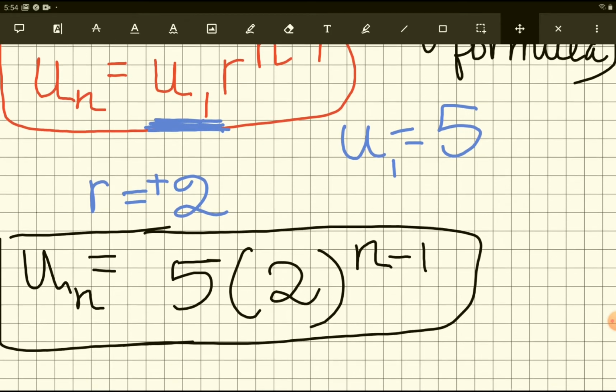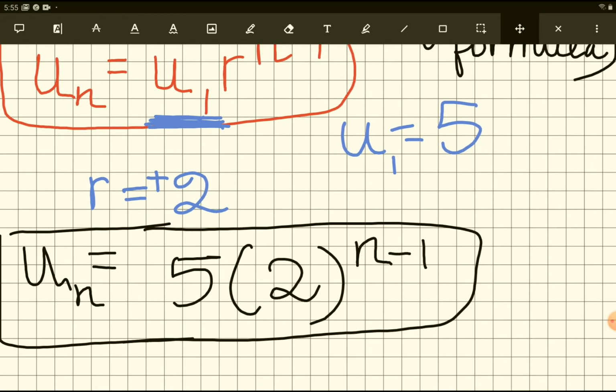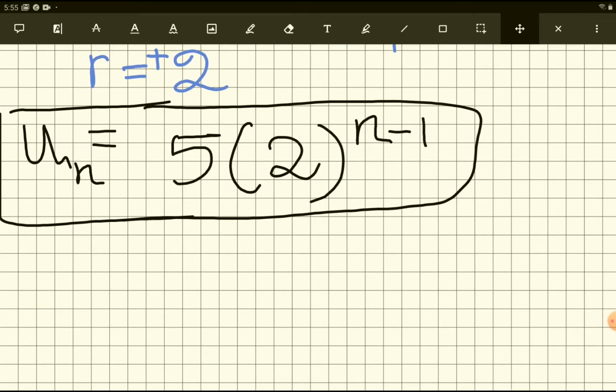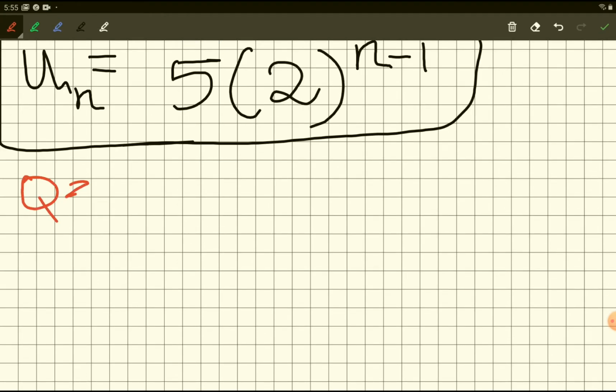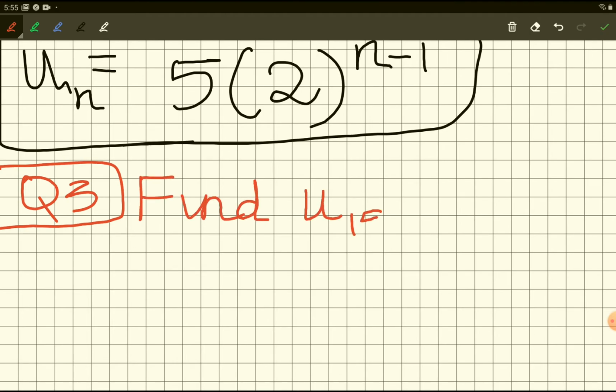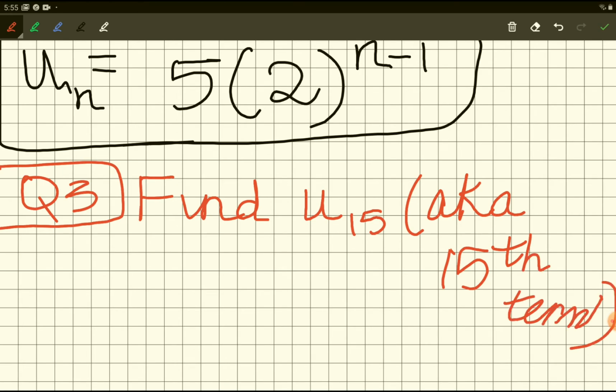Alrighty, and last part, it tells me to find the 15th term. So question 3, using this sequence, find u sub 15, also known as the 15th term. Okay, so n at this point is equal to 15.